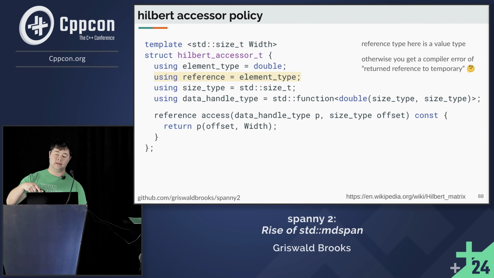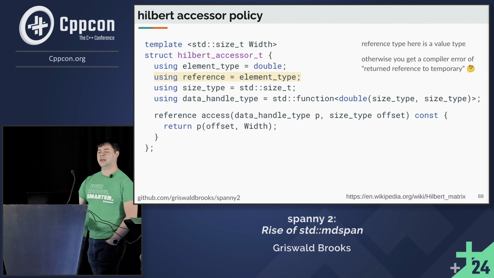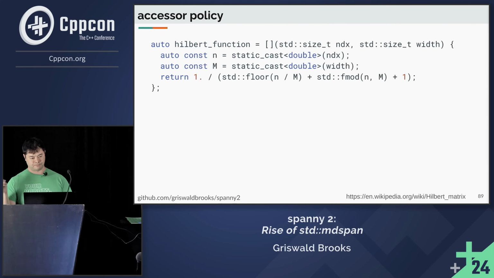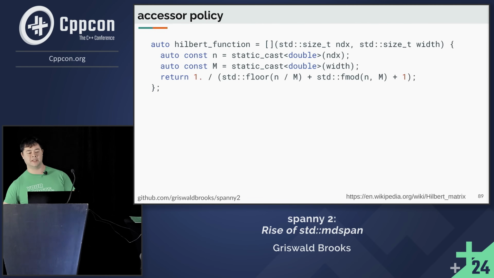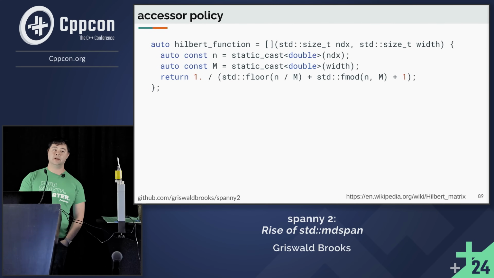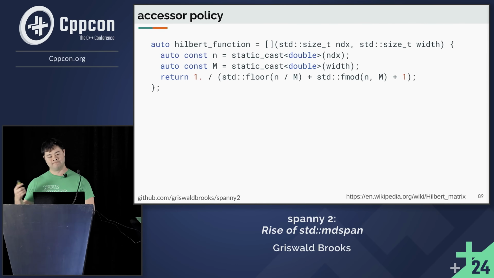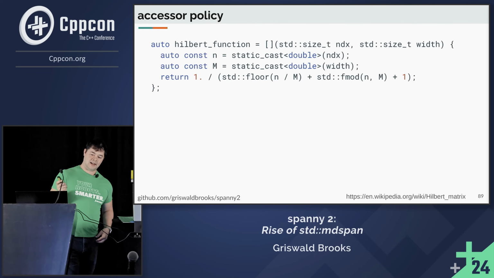And the accessor will call the std::function with the offset that we got from the layout, and then we're going to give it the width parameter of the Hilbert matrix. And then this is the Hilbert function that we're going to use. That's what gets populated in that std::function. I know it doesn't quite look like the formula I showed before, but trust me, they're equivalent.